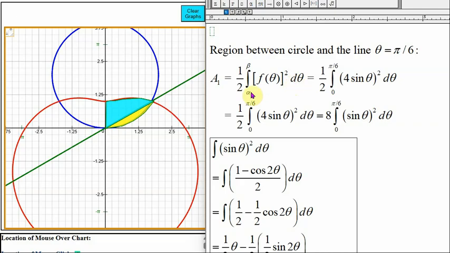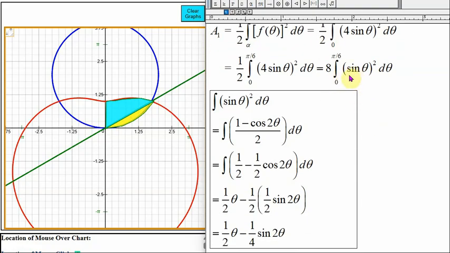So it would be the integral from 0 to pi over 6, where f of theta is r equal to 4 sine of theta, squared, times 1/2. That is 1/2 times 16 sine squared of theta, which is 8 times sine squared of theta.